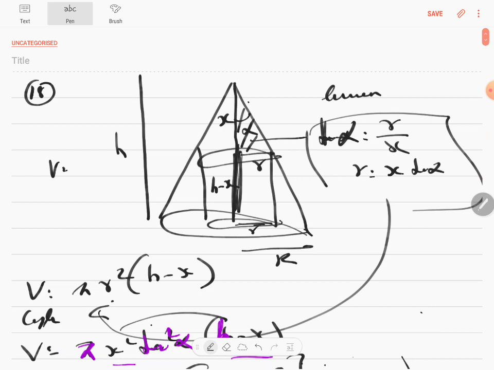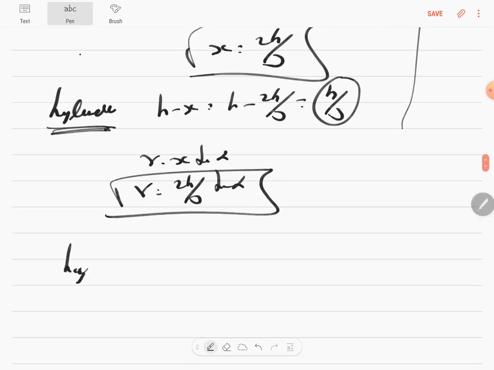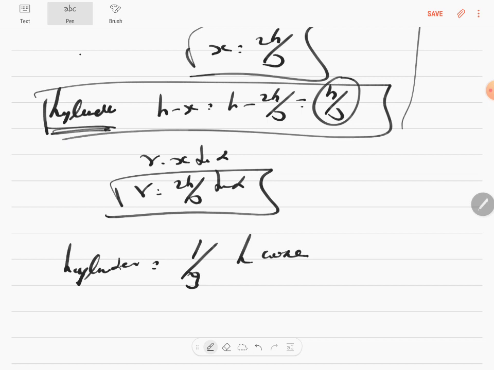Show that the height of the cylinder is 1/3 that of the cone. Rest of it is all given. Height of the cylinder is 1/3 the height of the cone is what you have to prove, which you already proved. It will automatically be there. Correct? So one part is done.